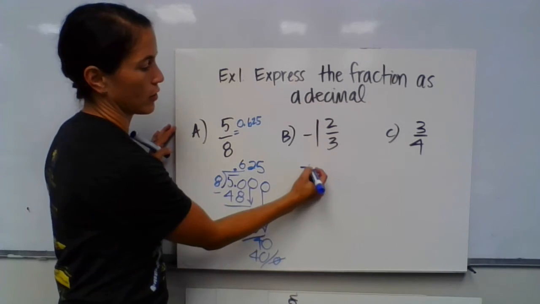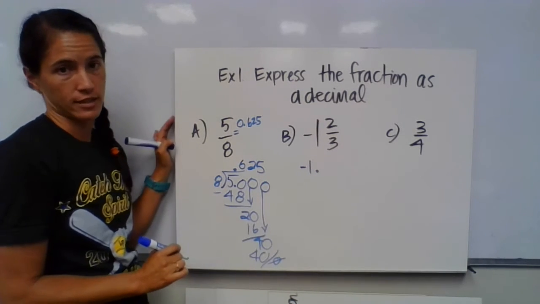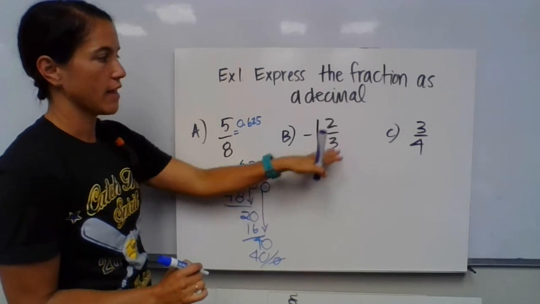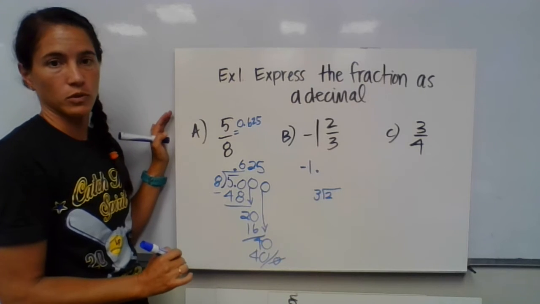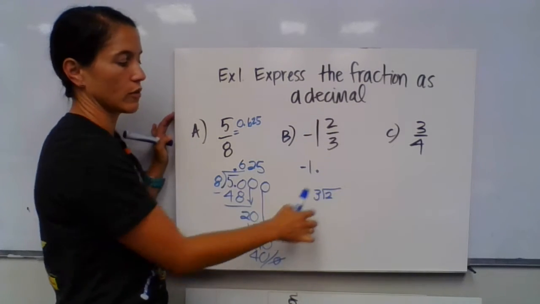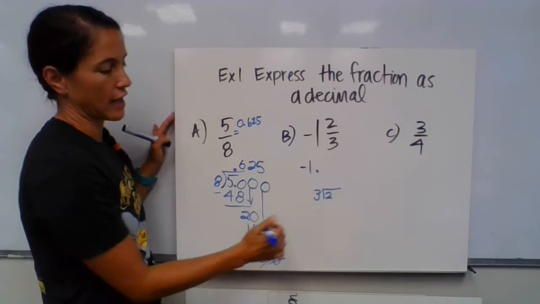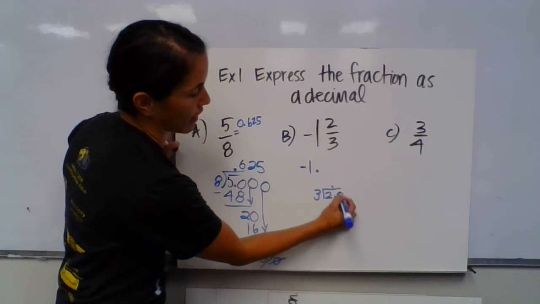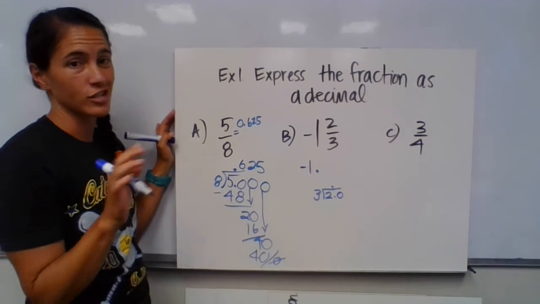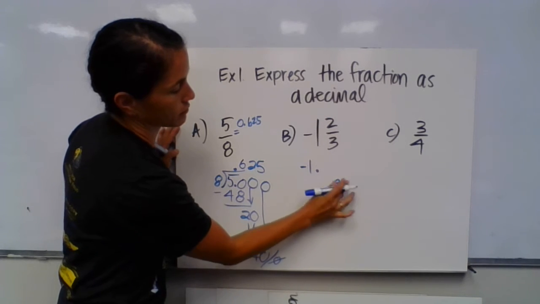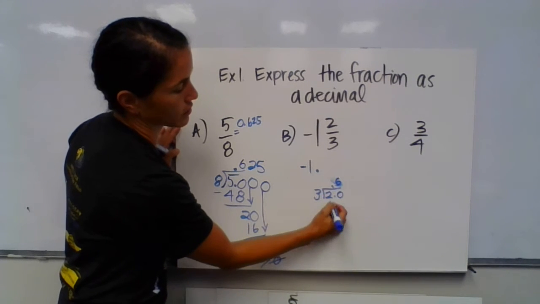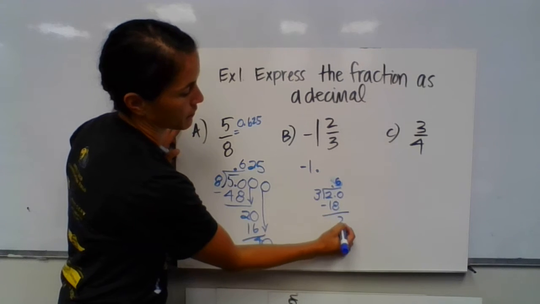Now, part B, -1 2/3 is a mixed number. If you have a whole number, you know that's going to be at the beginning of your decimal, -1, and then 2/3, we're going to divide to change that to a decimal. Your numerator will go inside, your denominator is going to go on the outside. Again, you add a decimal and a 0. This should not be new. 3 will go into 20 6 times. 6 times 3 is 18.